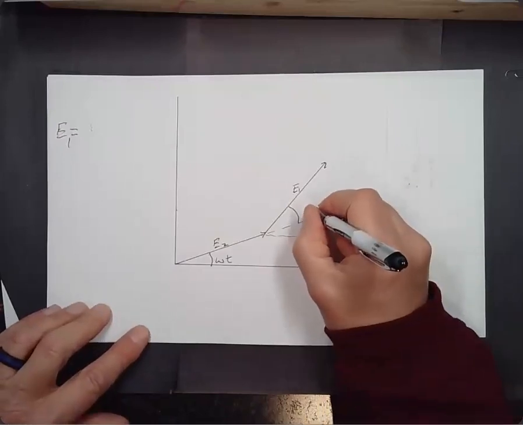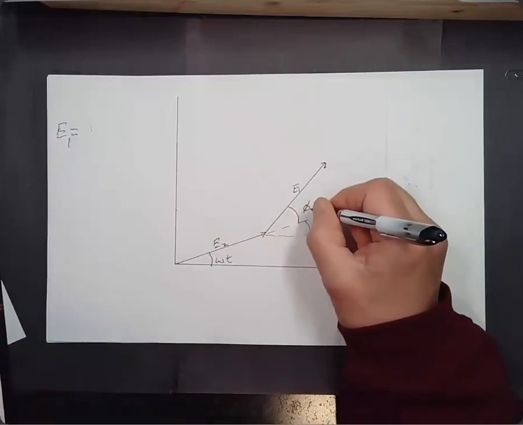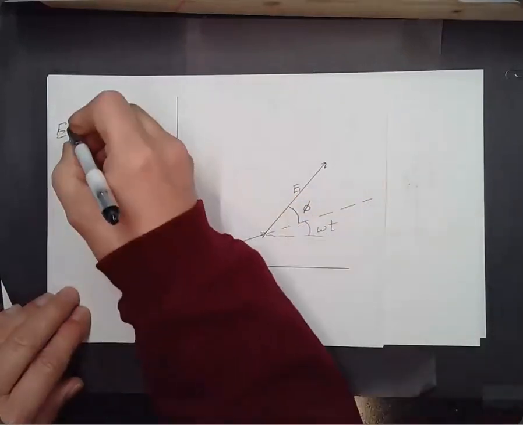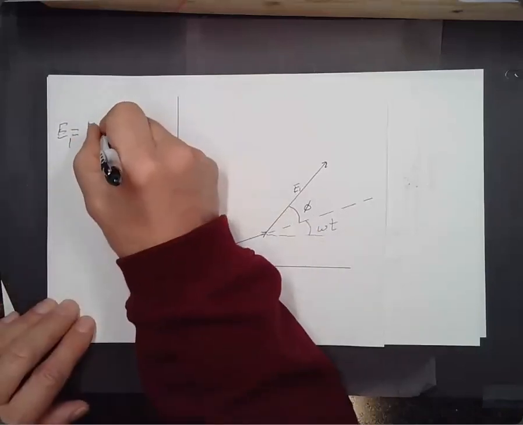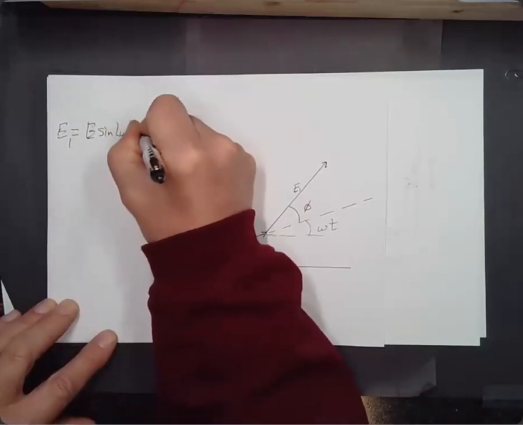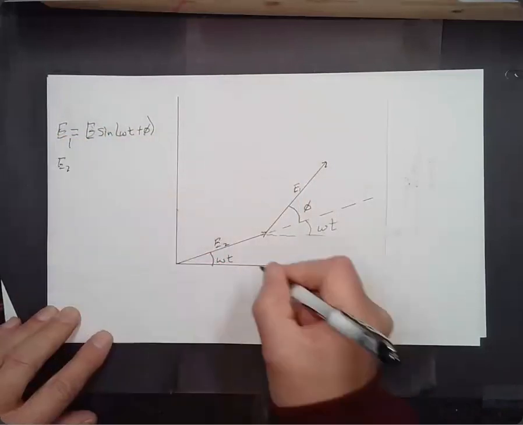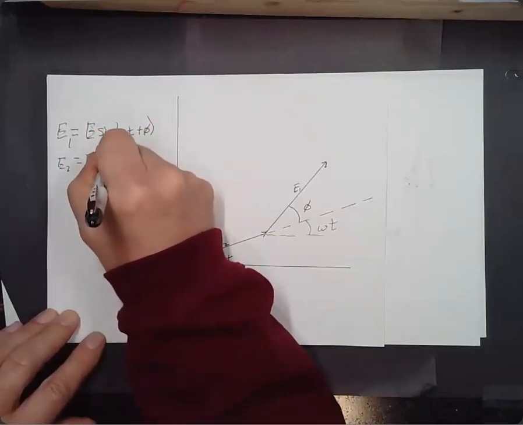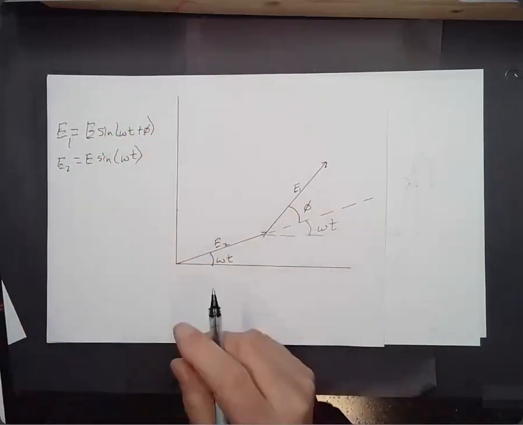But this will be the phase difference between the two waves, and this arose or could arise because of a path length difference. So E1 is going to equal whatever its amplitude happens to be times the sine of omega t plus phi. And E2 is going to be this vector down here. It's just going to be E sine of omega t. So that's the way that I'm describing these things.